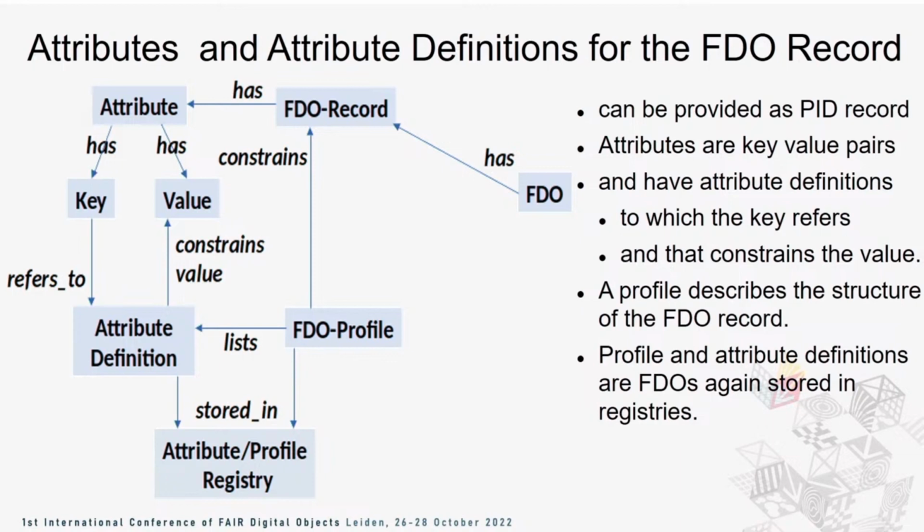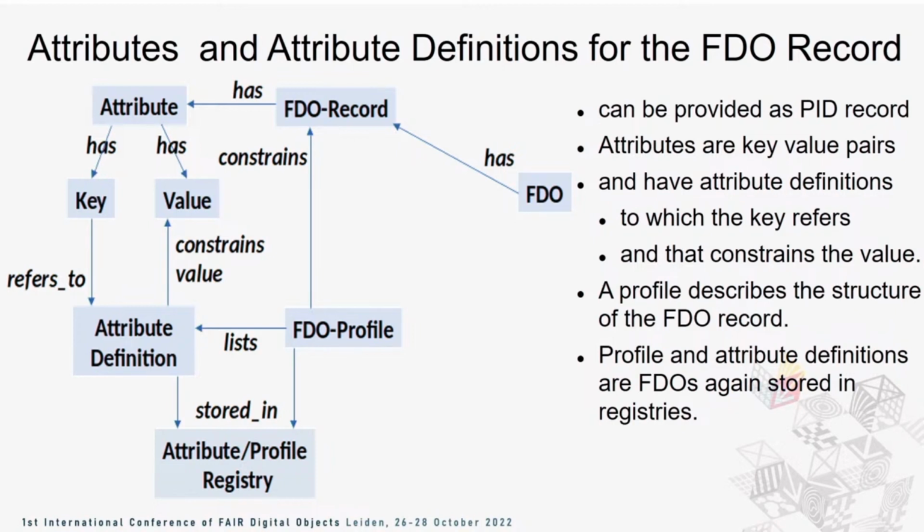And then we also need to understand the FDO record structure itself, because this is for a machine not obviously recognizable. For this we invent the definition of an FDO profile, which to some extent is very similar to an attribute definition, because an FDO record is also, if you want, a kind of an attribute.